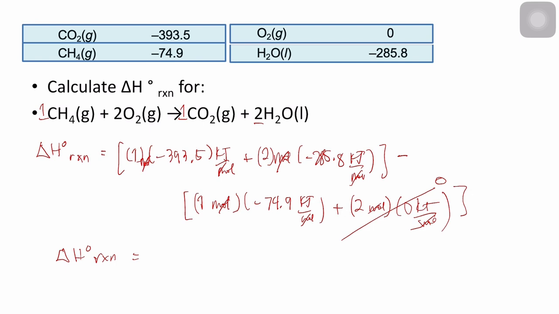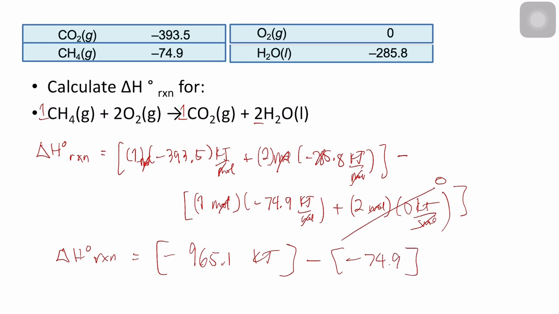Solving for this, negative 393.5 plus 2 times negative 285.8. Got negative 965.1 kilojoules minus negative 74.9 kasi it's just multiplied to 1.